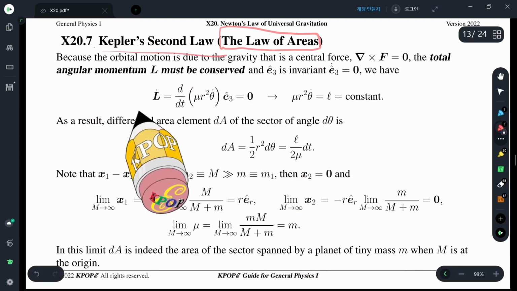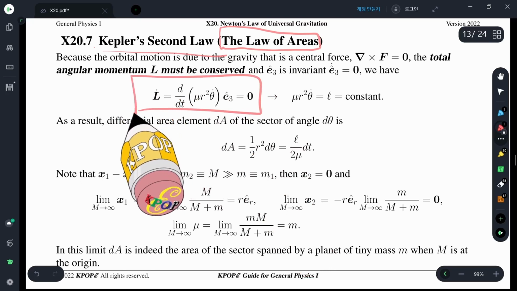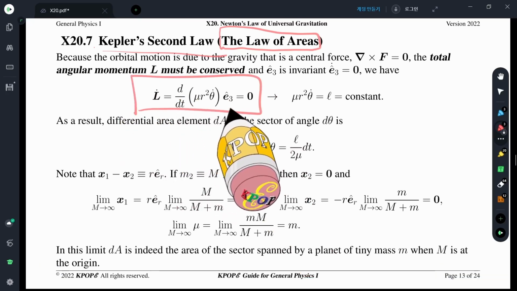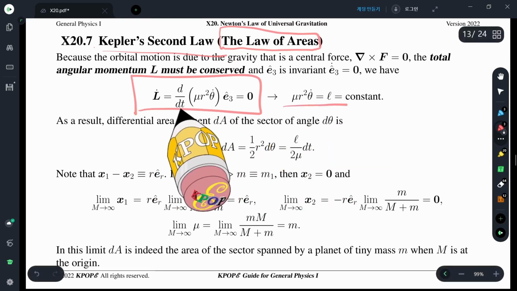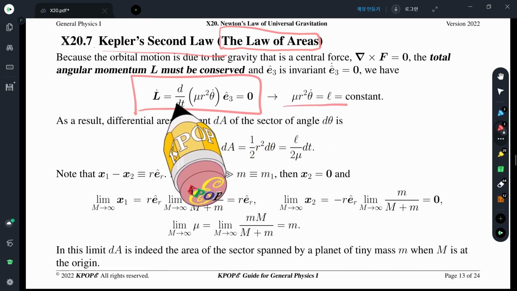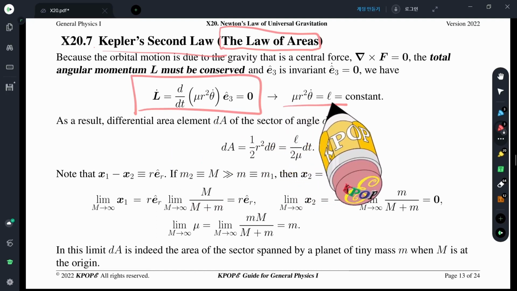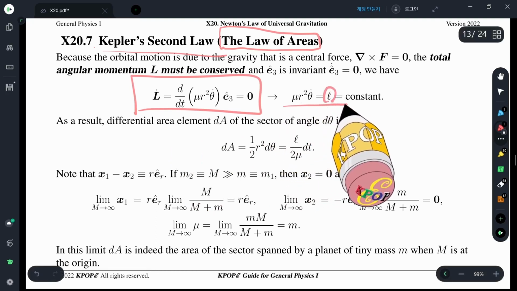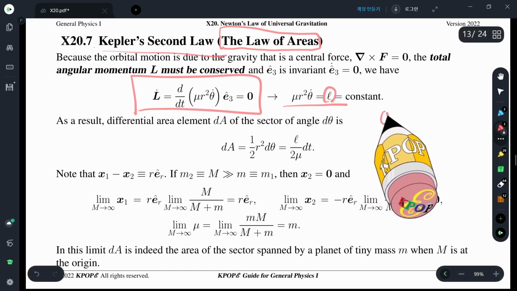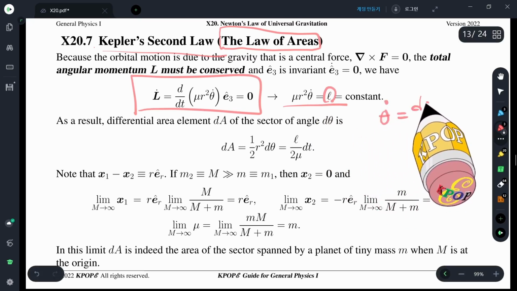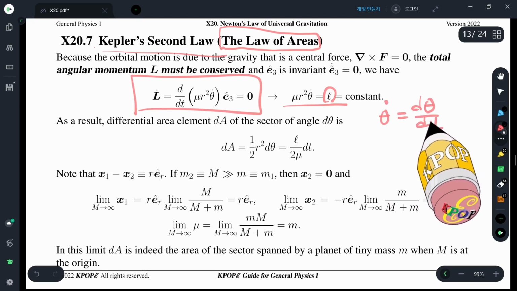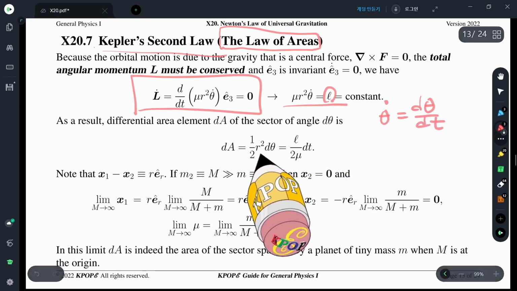If we write this in this form and integrate with respect to time, what we find is the orbital angular momentum that is conserved. Theta dot is d theta over dt. We can rewrite this in this form.